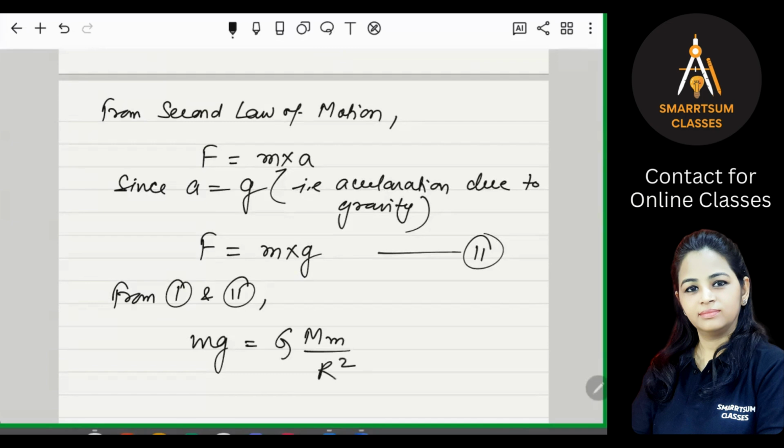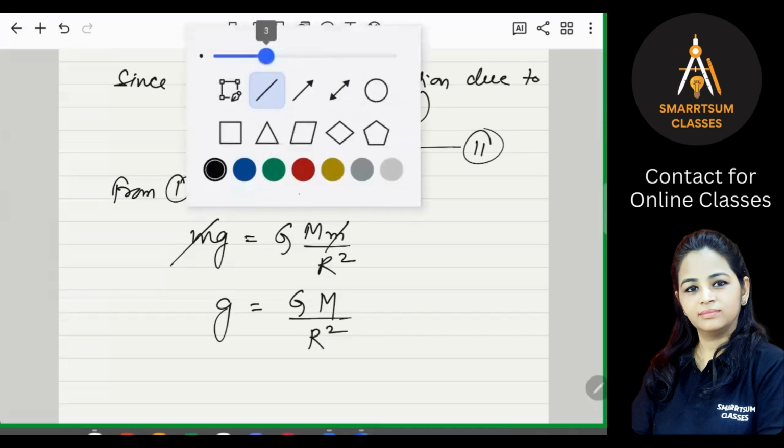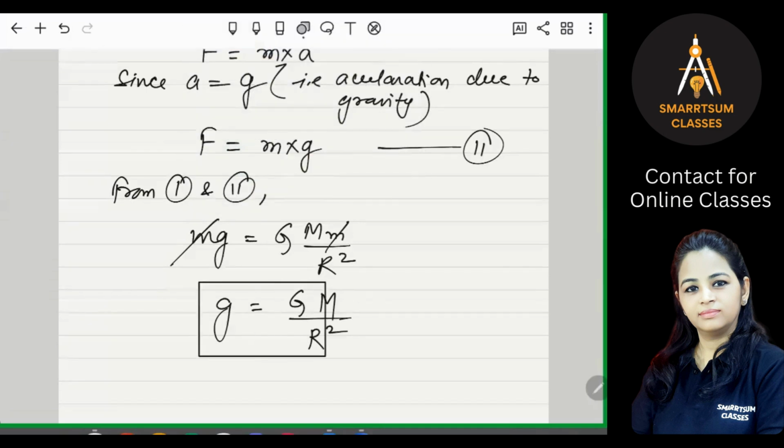So we have equated both because both are equal to F. So now m will cancel. So what will we have now? Small g is equal to capital G M upon r square. Is that clear?